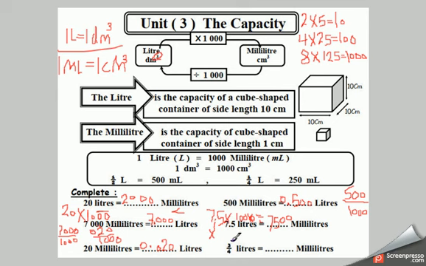Okay, this is 3 over 4 liters. Equals how many milliliters? What can I do? At first, you should convert this fraction to a decimal. I can't understand.